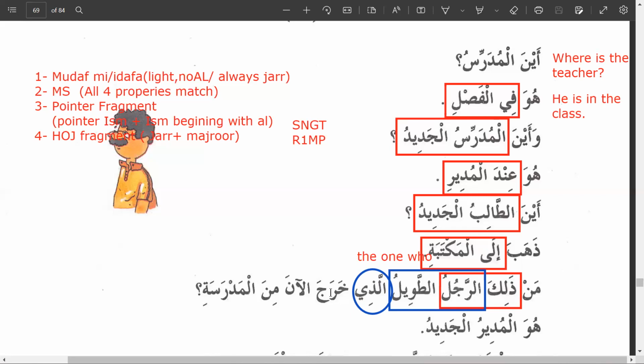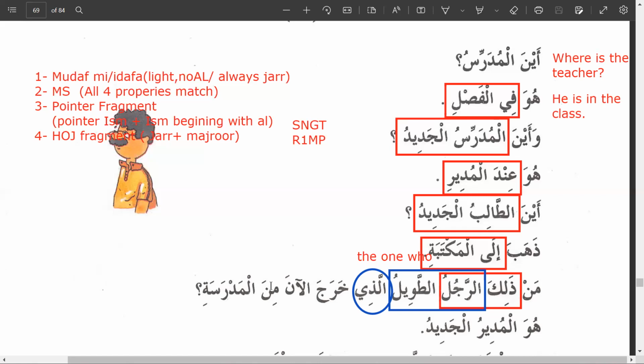Kharaja. Kharaja, again, just like Dhahaba, it's a past tense. Kharaja, the one who came out, or the one who exited. Al-ana, now. Who exited just now?